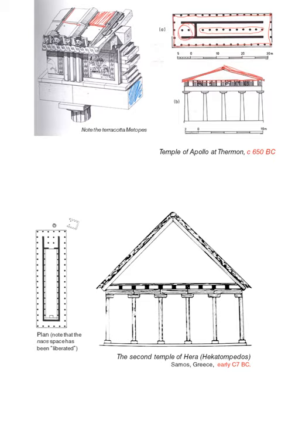And now compare that to the elevation of the Temple of Hiera, where the pitch was much steeper due to the thatch which needs a steep slope, because otherwise the thatch would rot. And also look at how the timber construction at Thermon has been refined from the one at Hiera.